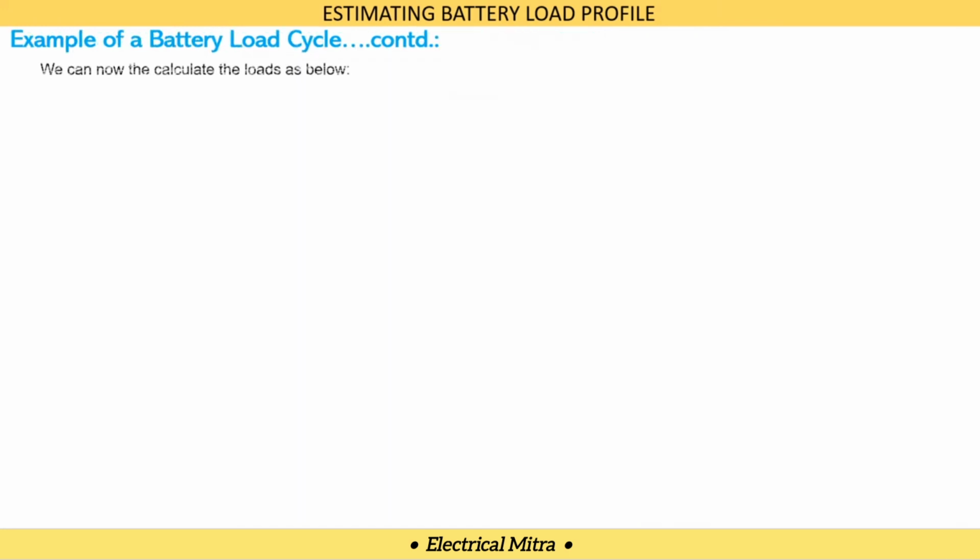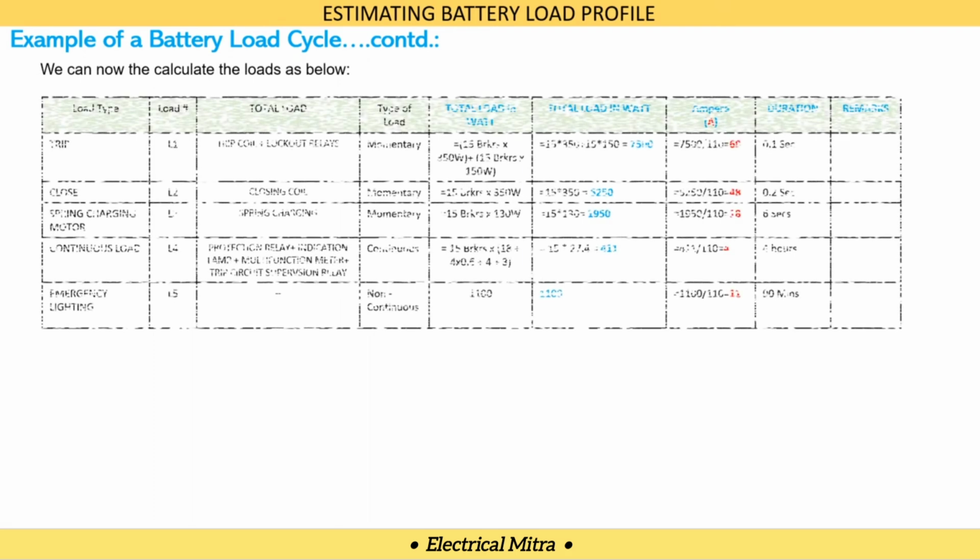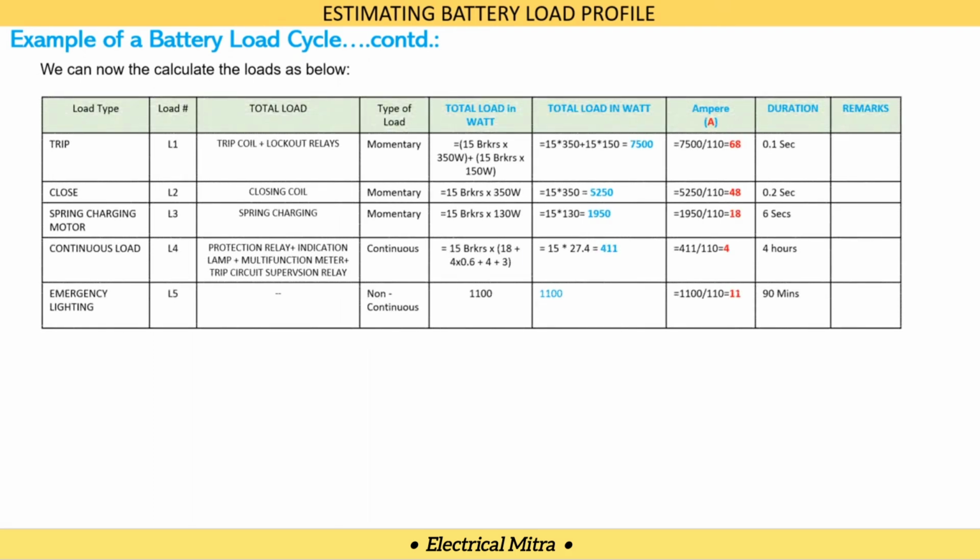We can now calculate the loads on the battery bank as below. Load during tripping of the breakers will be the trip coil load plus the burden of all the lockout relays. This is a momentary load, and the total load during tripping of the breakers in our example works out as 7500 watt.